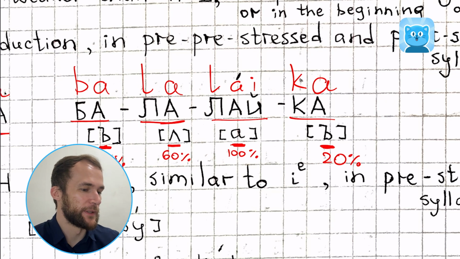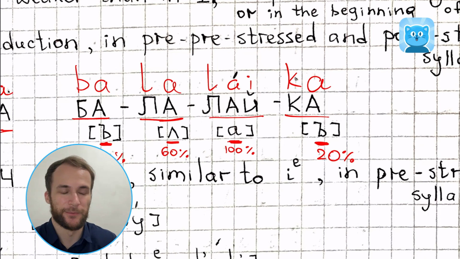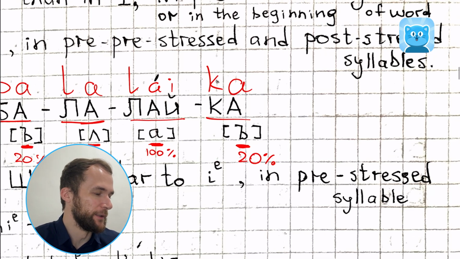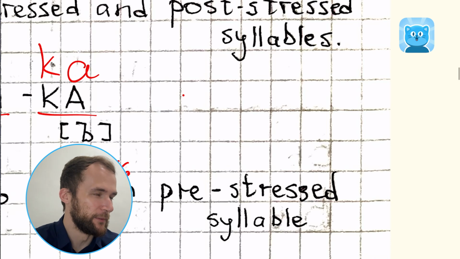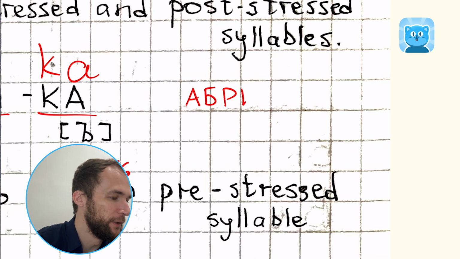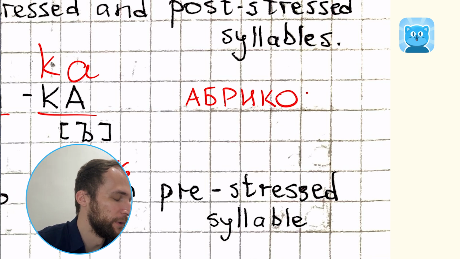And sometimes it can be just at the beginning. I don't have an example here, but it can come just at the beginning. For example, abrikos, which means apricot. The stress is on the last syllable.